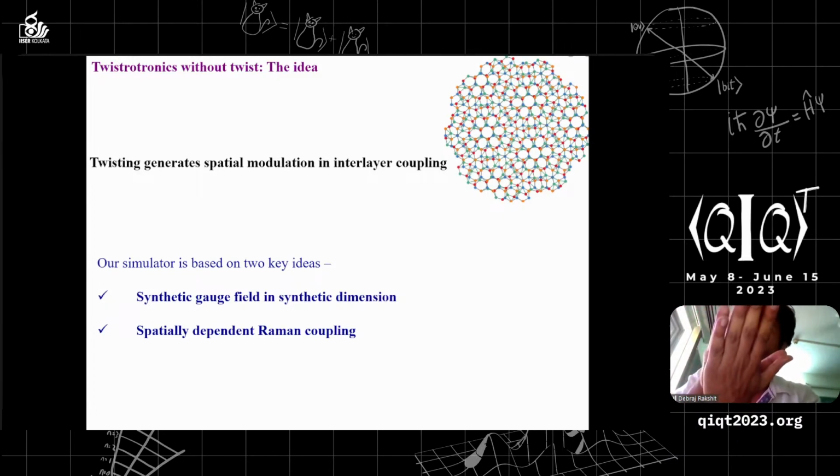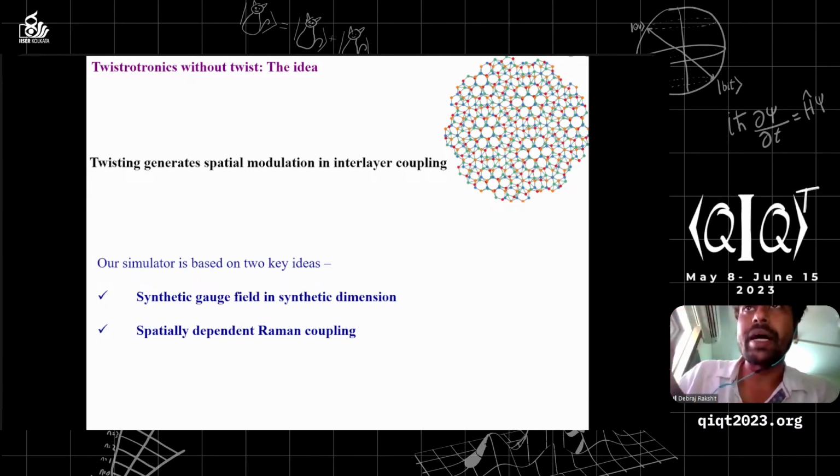Obviously, when you put one layer on top of another, the two layers will talk, there will be interactions. So this interlayer tunneling is uniform. But when you rotate, you are spatially modulating the tunneling. This spatial modulation is the key aspect of the beautiful physics that you are seeing.